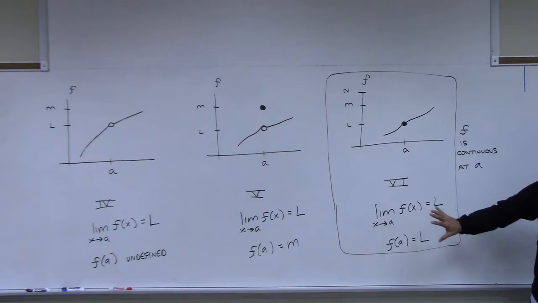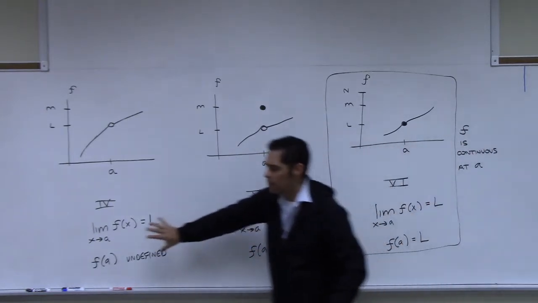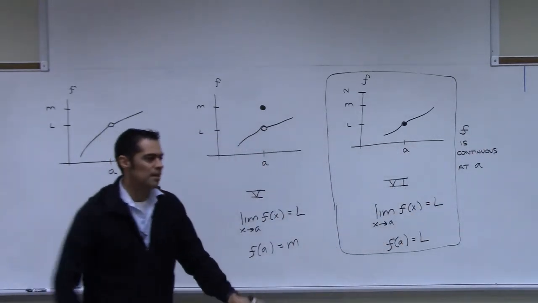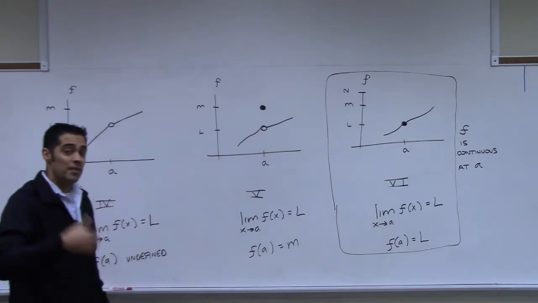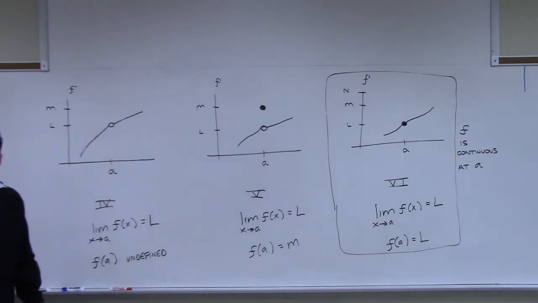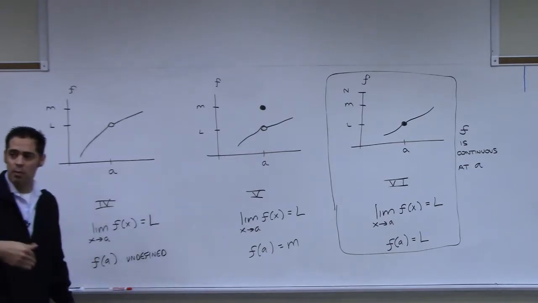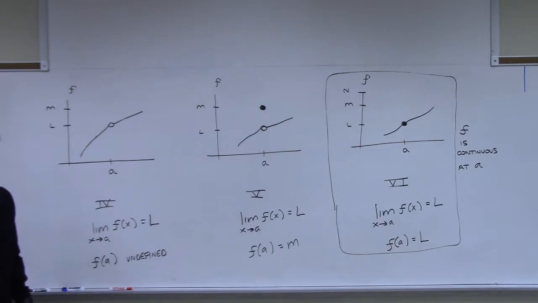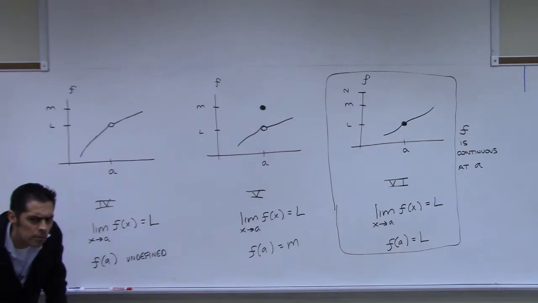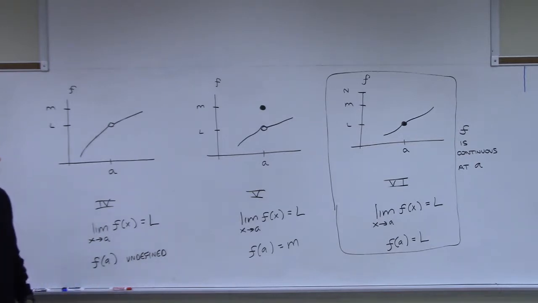So when you look at these three things I have written down here, can anybody guess what the definition of continuity is going to be? What is the condition we're going to have to say something is continuous at a point a? What's that? It has to be filled in, like at that point. Filled in, okay. f of the limit of x approaching a has to equal.